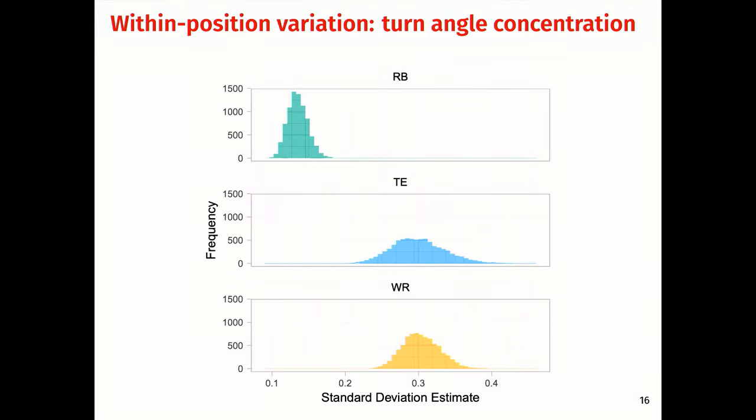Looking at our estimates from these posterior distributions, we see that there's more within position variation among tight ends and wide receivers compared to running backs. This makes sense if you think about the types of movement of players in these position groups.